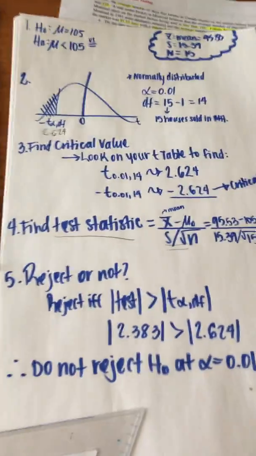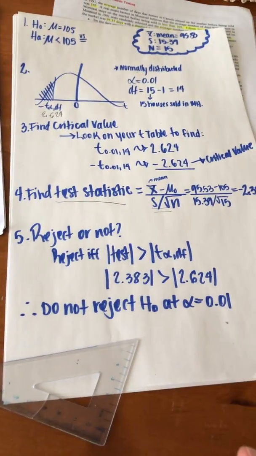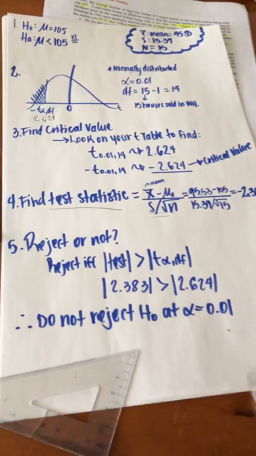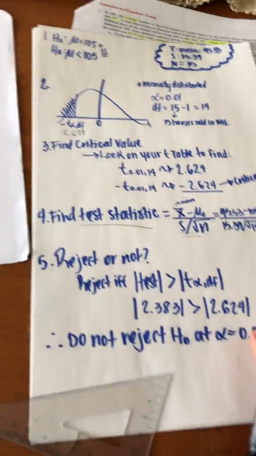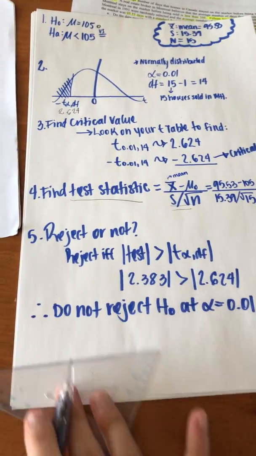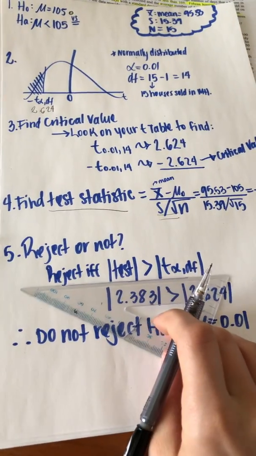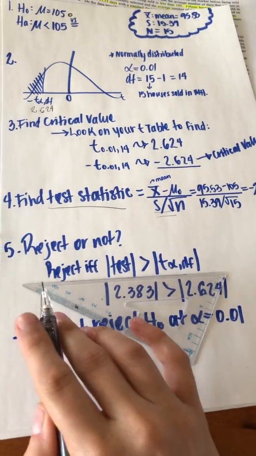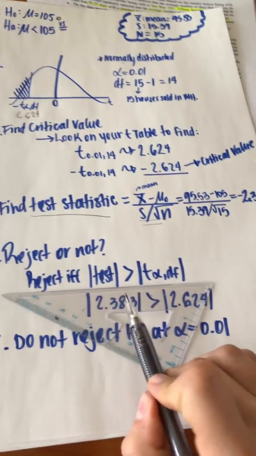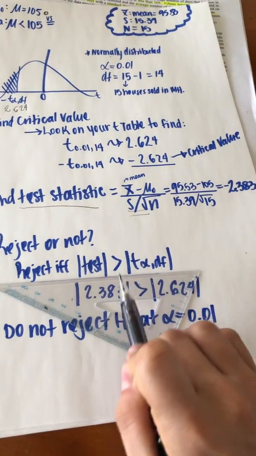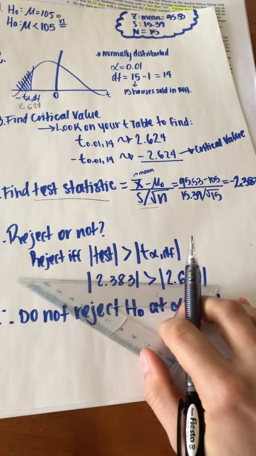So the last steps, we need to see if we reject or not the null hypothesis, which we remember, it's this one. So to see if we reject or not, it is important to understand that we reject only if the test statistic is greater than the critical value.